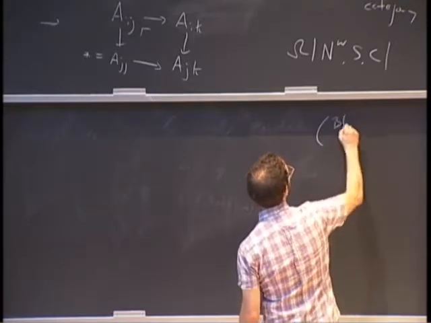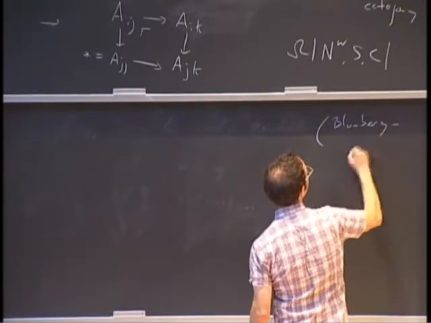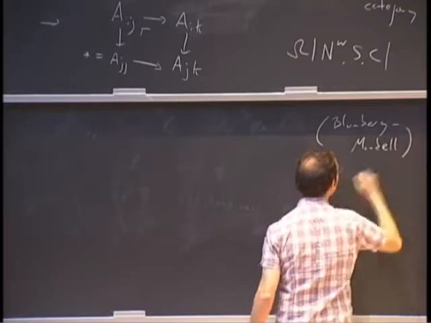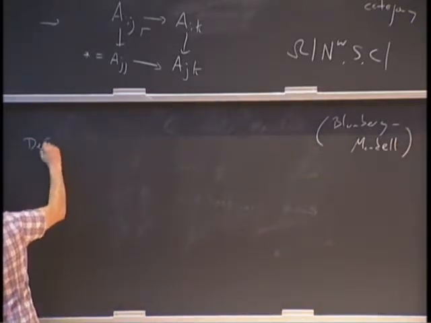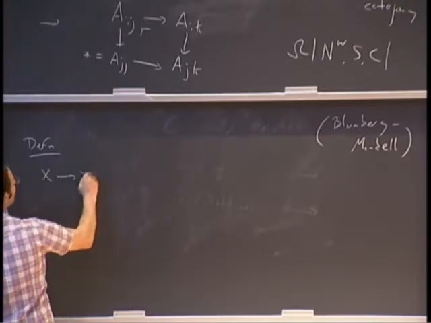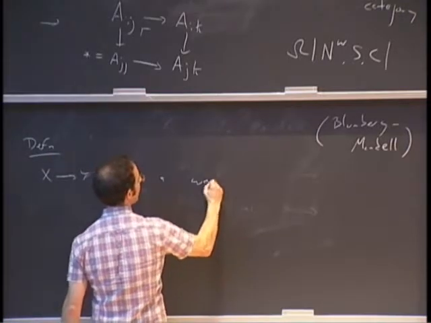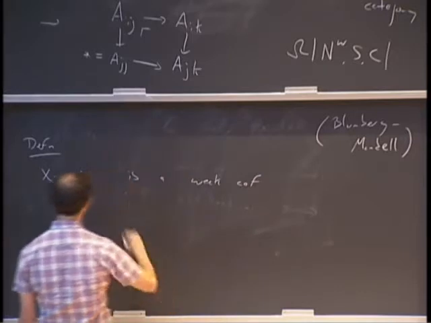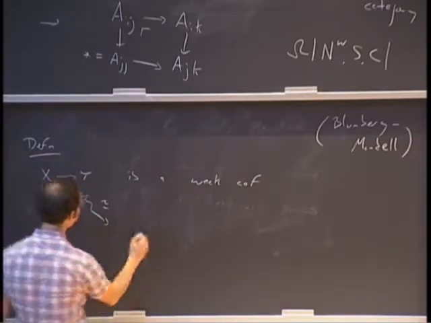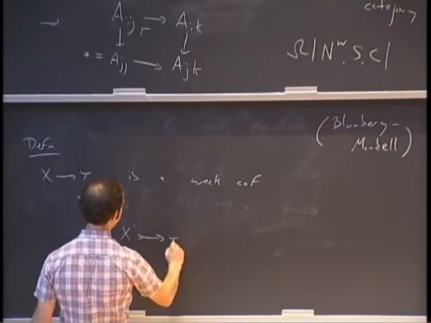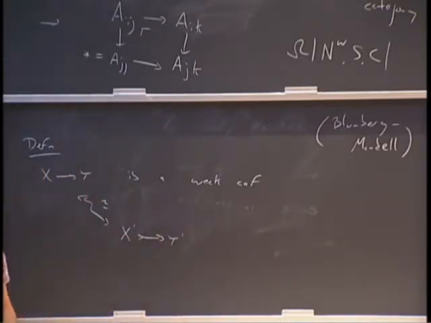And this piece of things is from a paper I wrote with Mike, or series of papers I wrote with Mike Mandell. And the idea is that we'll make a definition, which is that we'll say that a map x to y is a weak cofibration if it's equivalent via zigzag in the arrow category to an actual cofibration.